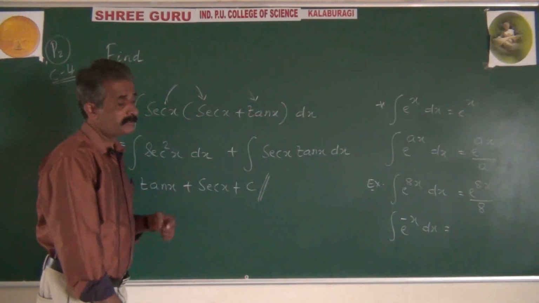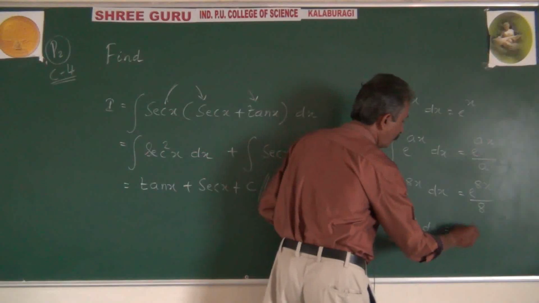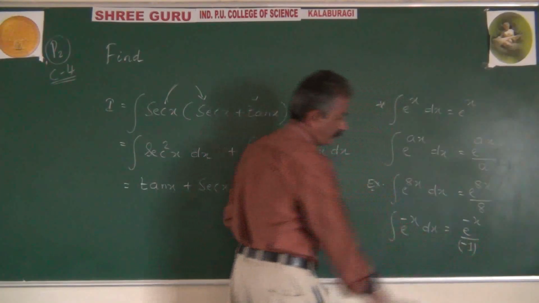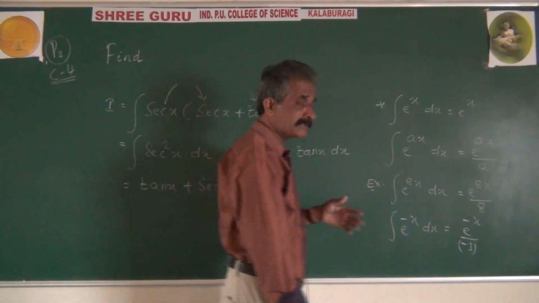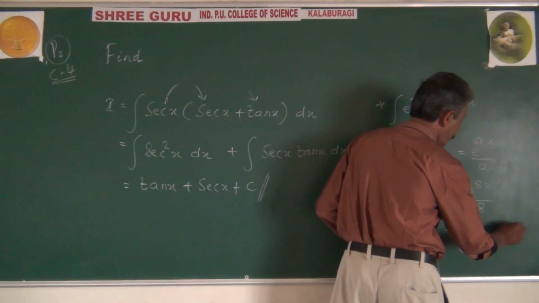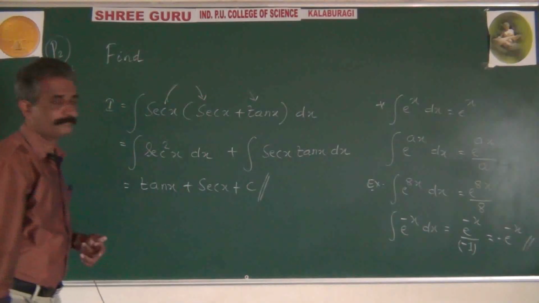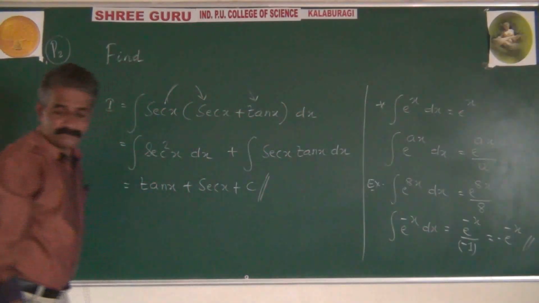Minus x means how much? Minus 1 into x. On that basis, it is e power minus x divided by minus 1. But that divided by minus 1 can be considered as into minus, meaning minus of e to the power minus x. Next problem.